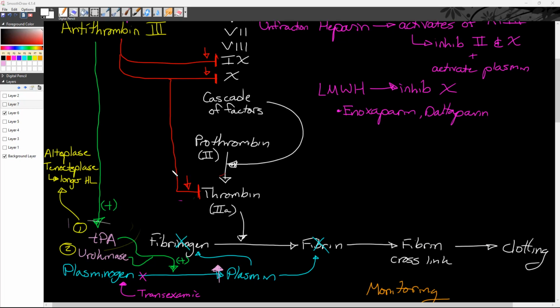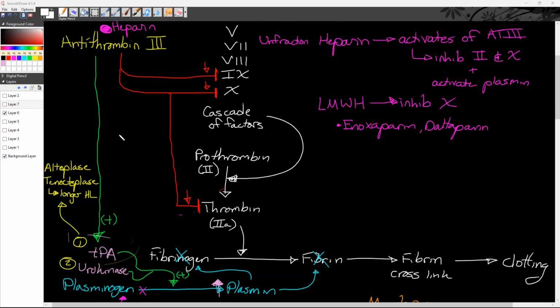And then going back to the thrombolytics, you said these work only like TPA, right? They're essentially synthetic versions of TPA. Where antithrombin 3 comes in, it works directly on the cascade, but it also works to create plasmin, which breaks down the fibrin clot.